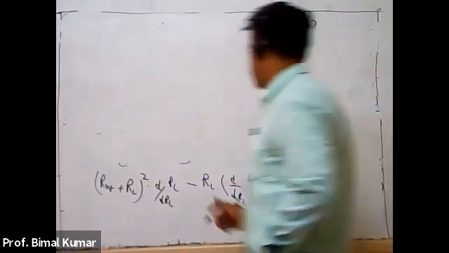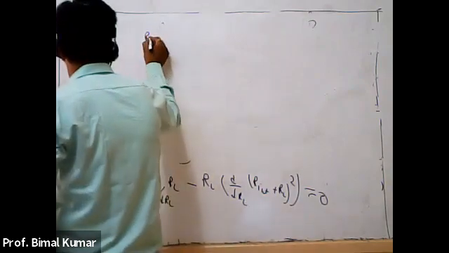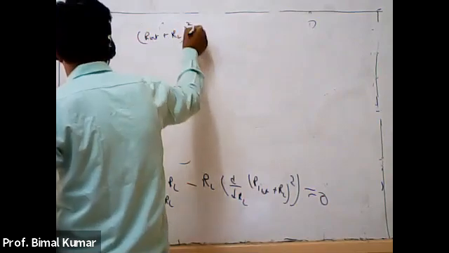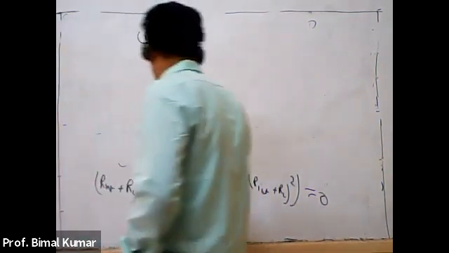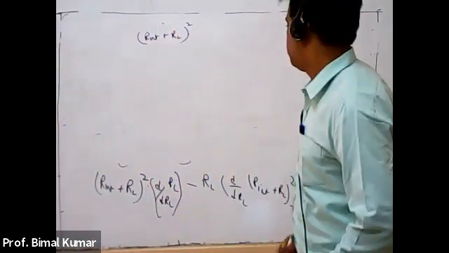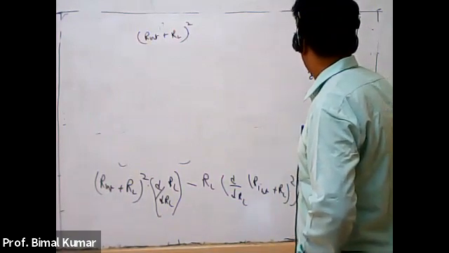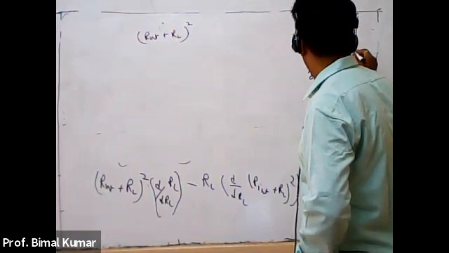So here, (R internal plus RL) whole square into d by dRL of RL, that will be 1, right? d by dx of x raised to power n is equal to n x raised to n minus 1.